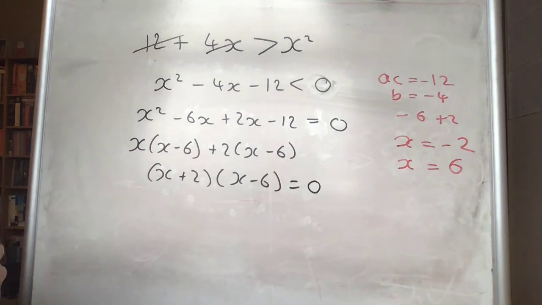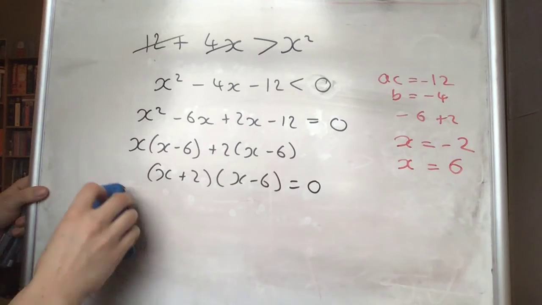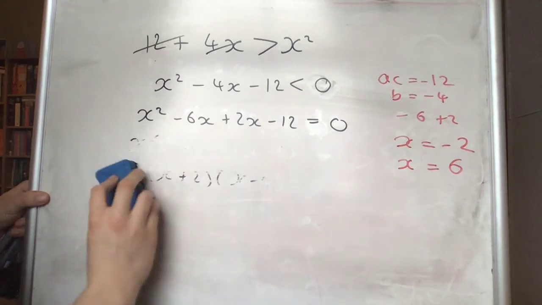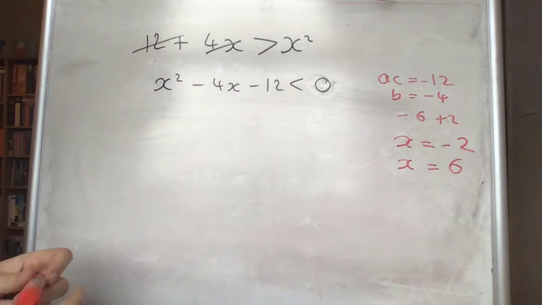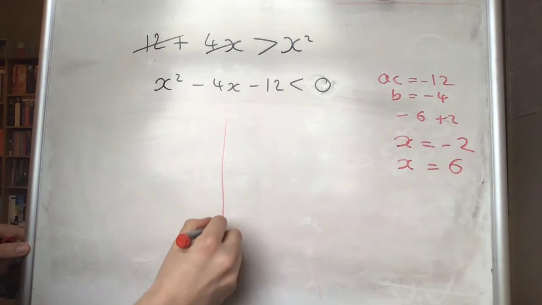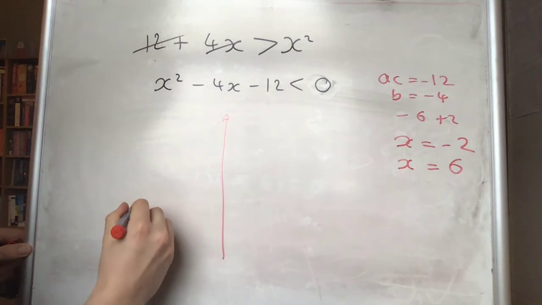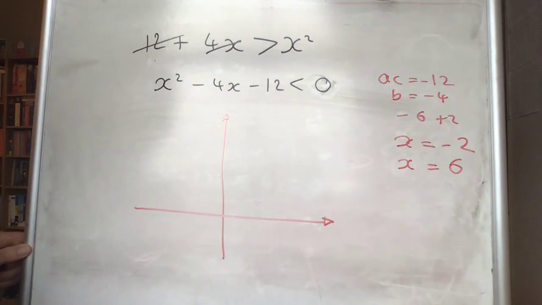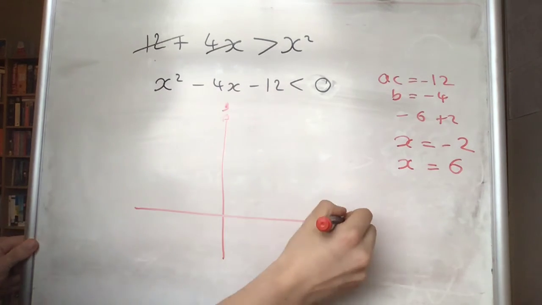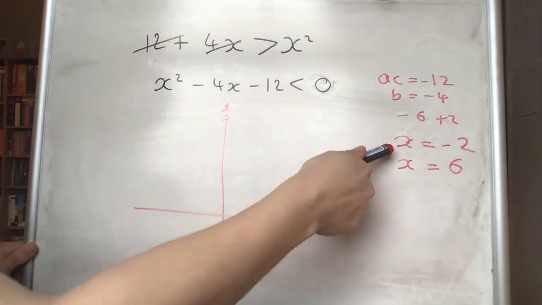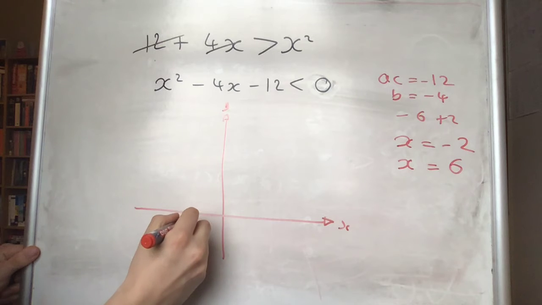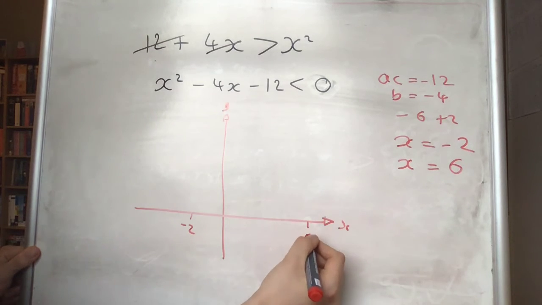Okay, and so as before, we want to then sketch our graph. So let's say we're sketching it down here. Draw your y-axis, draw your x-axis like such, and try to label them. And then we know the points where it's going to be crossing over is x equals negative 2 and x equals 6.